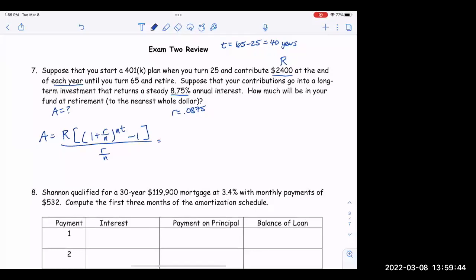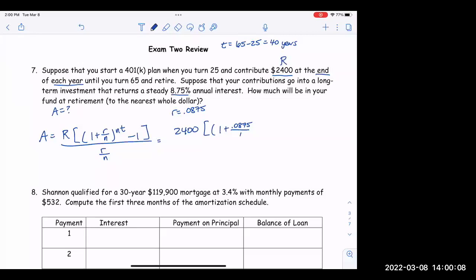All right, so I can start substituting things into my formula: 2,400 in the place of capital R, 0.0875 for lowercase r. N, tell us N. They said annual, so this said at the end of each year, right?